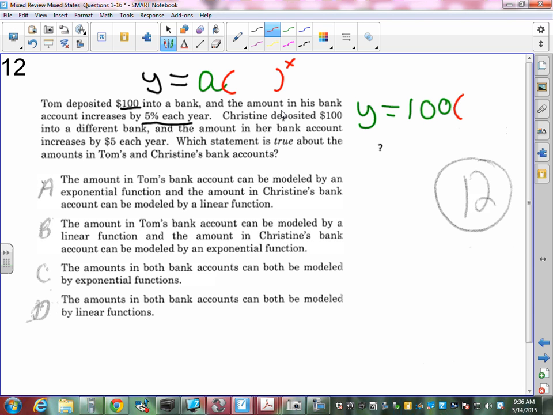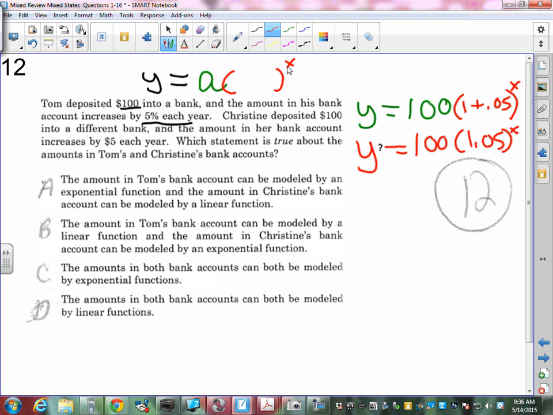He does, doesn't he? Plus he gets 5% more each year. In other words, he's going to get 1 plus 0.05 each year for x years, as long as he leaves it in there. So the function for Tom is 100 times 1.05 to the x power.